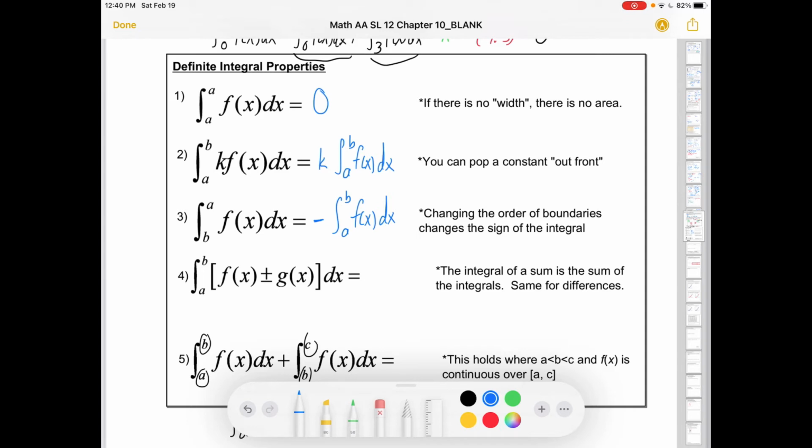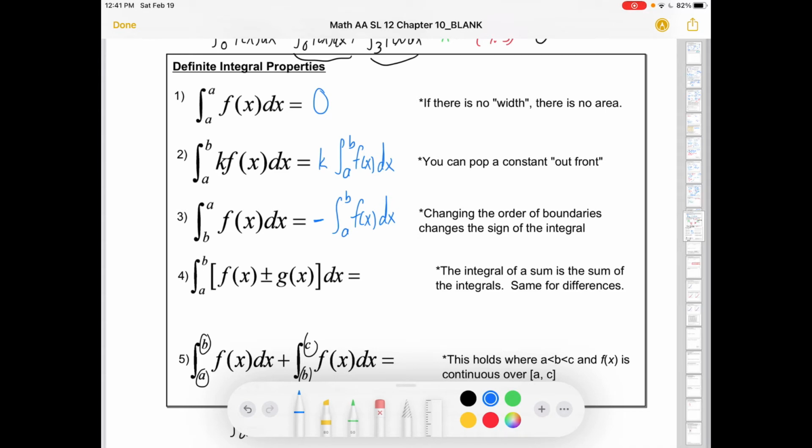And again, this does seem probably pretty weird to think of it in terms of area going one way or the other. So integrals are not quite area. We'll deal with why that's the case when we get to the fundamental theorem of calculus fairly soon. But just know if you switch the order of the boundaries, it changes the sign of the whole thing.